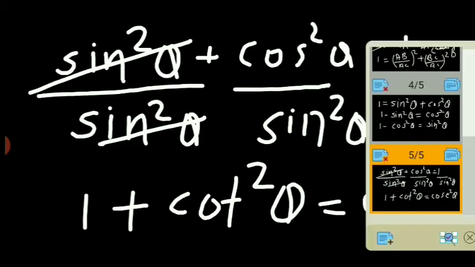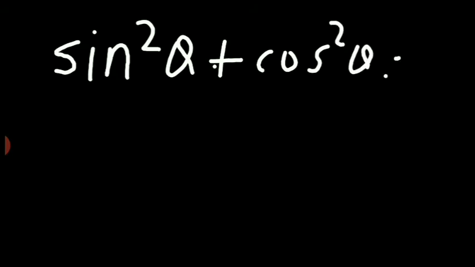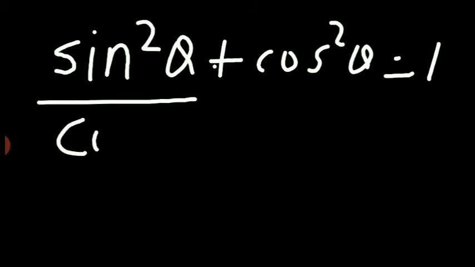Okay, this is the next identity. Now the third identity. Again we will use the same term, sin square theta plus cos square theta is equal to 1. In the previous one we divided this identity by sin square theta, but now we will divide it by cos square theta on both sides.